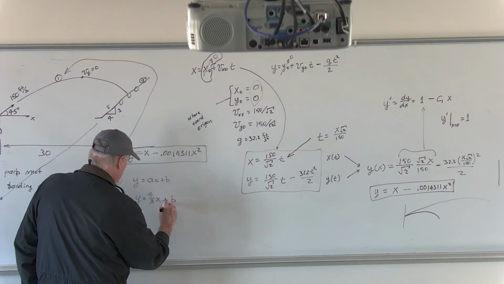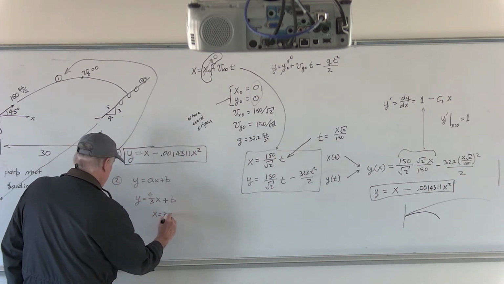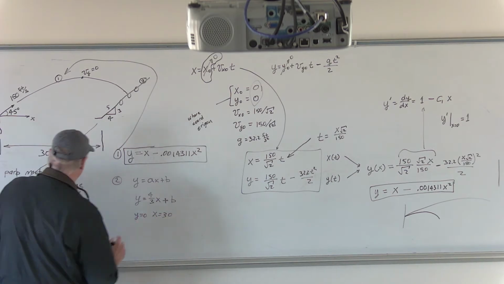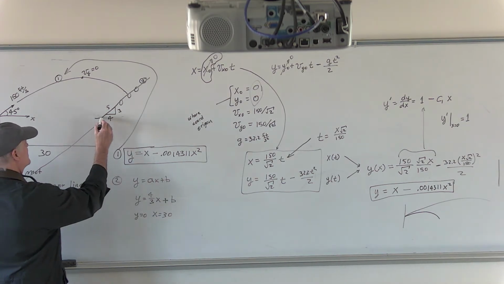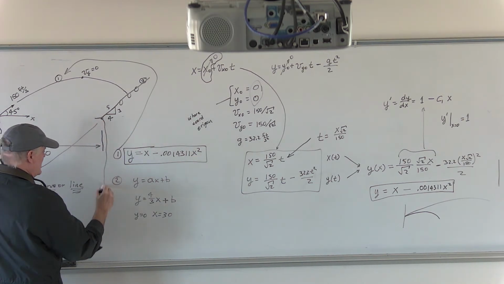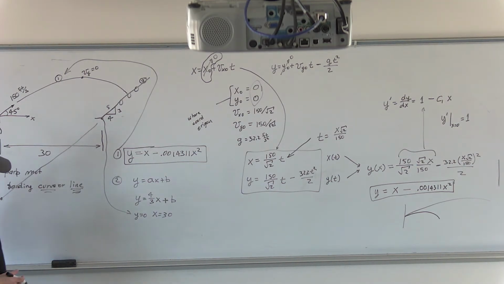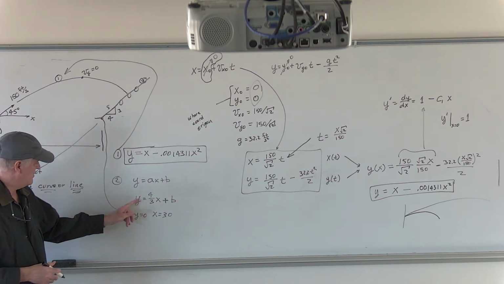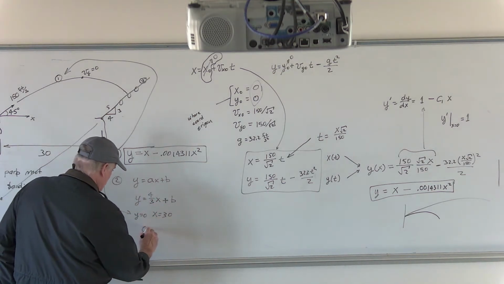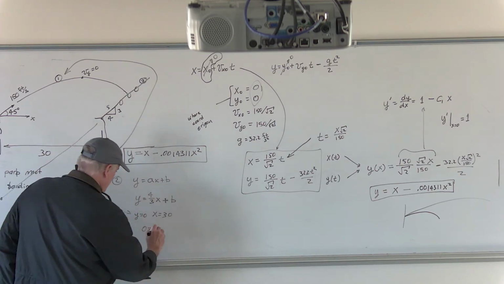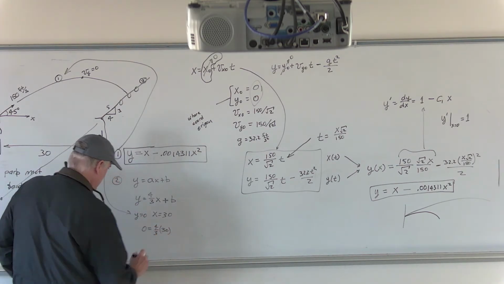Or you could do this. I know if I put in x equal to 30, I should get y equal to 0. So just find yourself the easiest spot to work with. If I put in 30 right there, then I get y of 0, 4/3 of 30. Wow, did I get lucky?